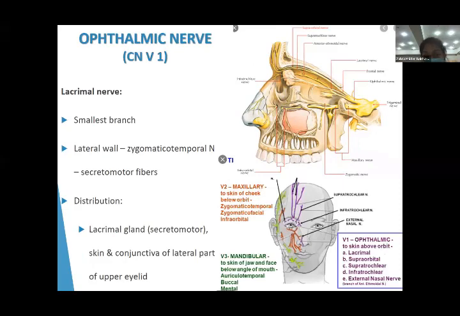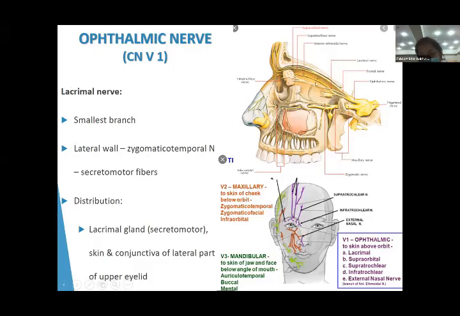Ophthalmic nerve, first division of trigeminal nerve, fifth cranial nerve की first division है ophthalmic nerve. ठीक है जी, this happens to be the smallest branch of the trigeminal nerve, the first and the smallest branch, runs along the lateral wall of the orbit. मैं अब इसकी बात कर रही हूँ, lacrimal nerve ये है.